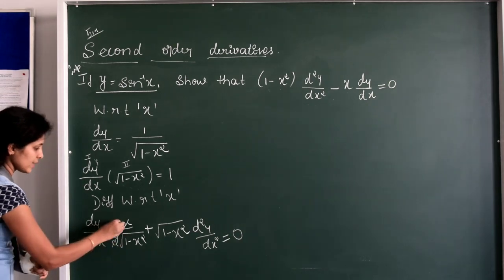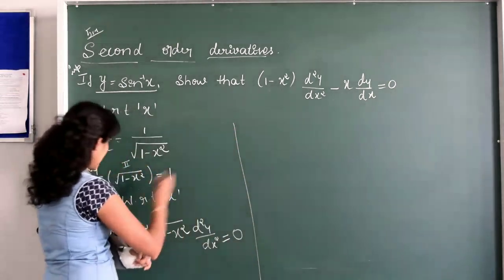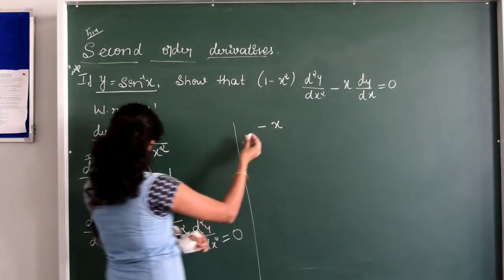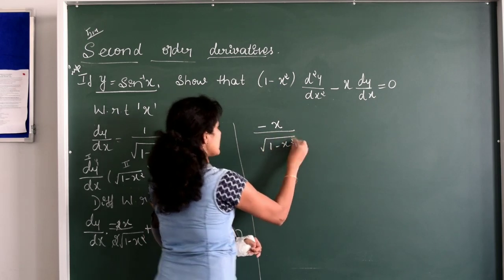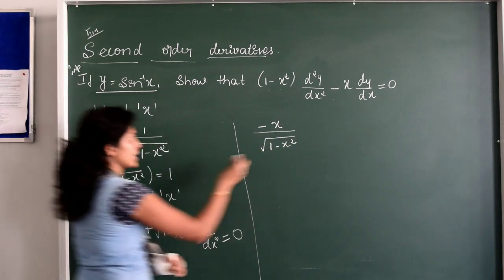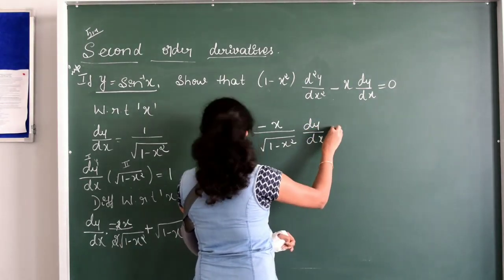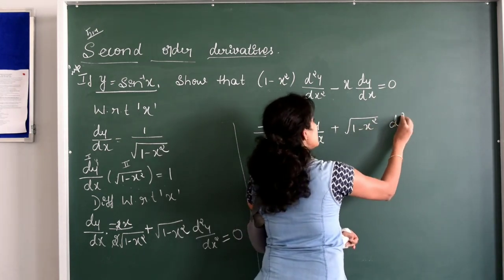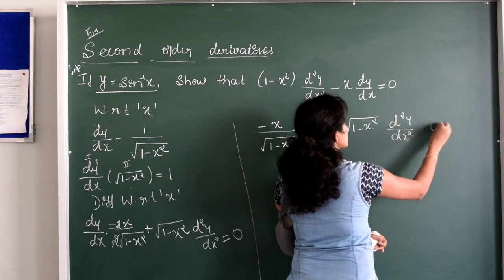So here 2 and 2 will get cancelled. What is remaining? That is minus x, right, divided by root of 1 minus x square into dy by dx into dy by dx plus root of 1 minus x square into d square y by dx square is equal to 0.